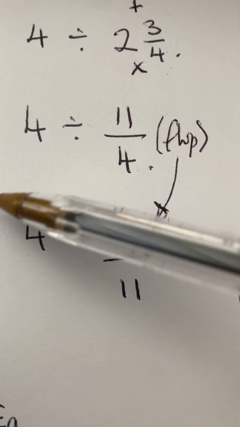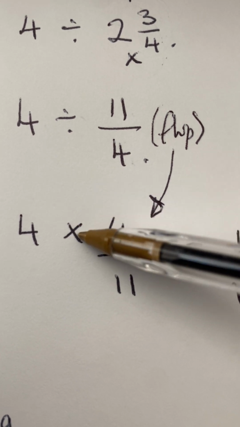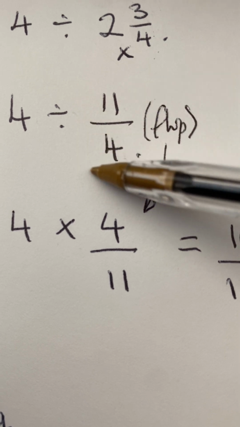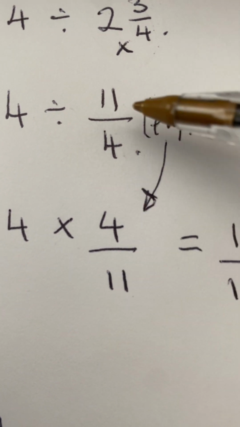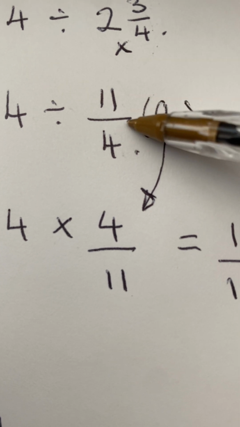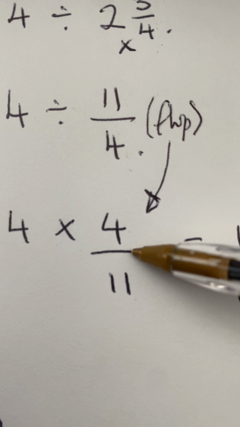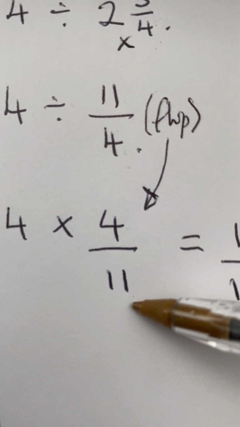We have 4, which we don't have to do anything to. We put a multiplication sign, and then our fraction here, we are going to flip it. So 11 over 4 becomes 4 over 11.